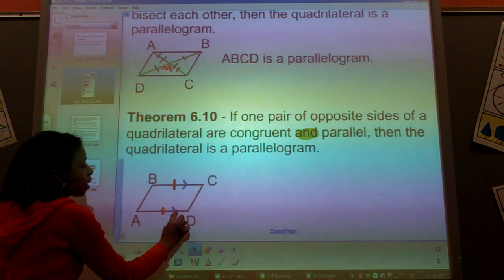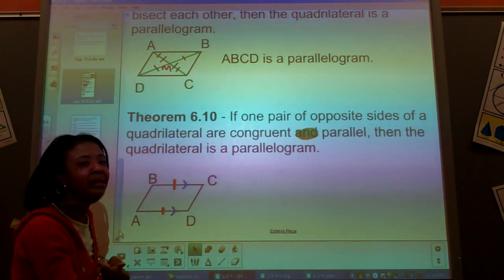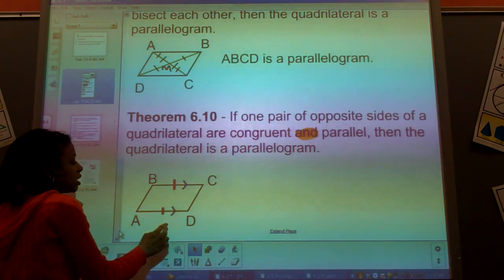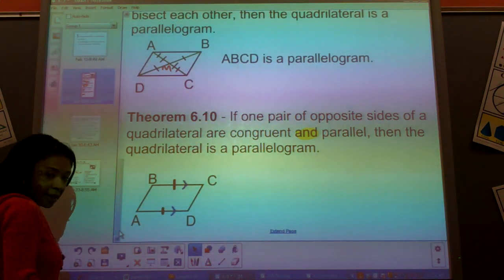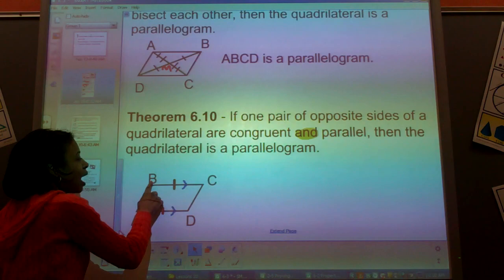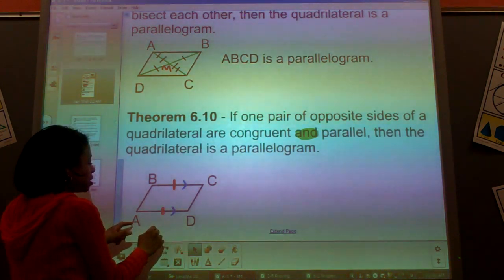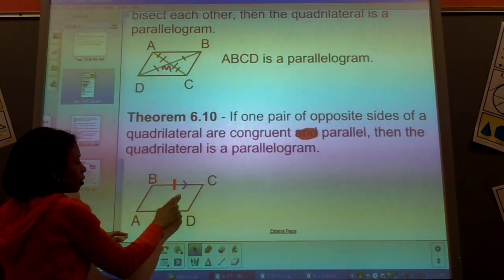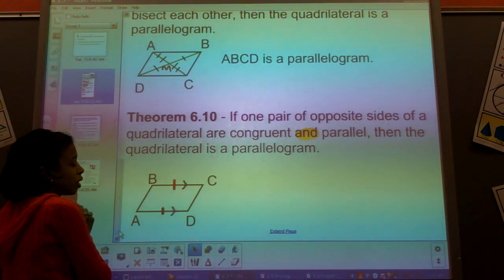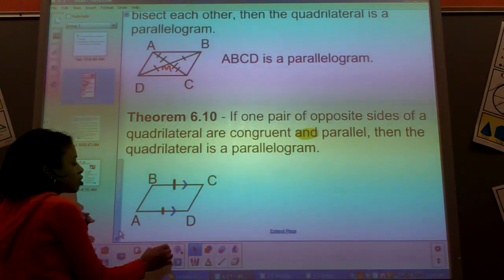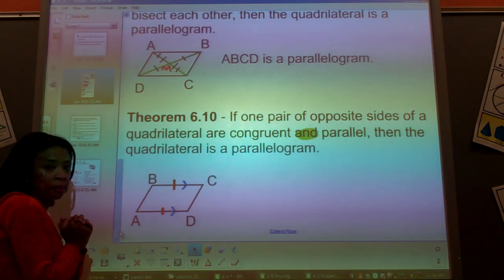I see they're parallel by the blue marker, and I also see that BC is congruent to DA. So two things happen. BC is parallel to DA with the blue marker arrowhead. And then BC is also congruent to DA with the red line marker.